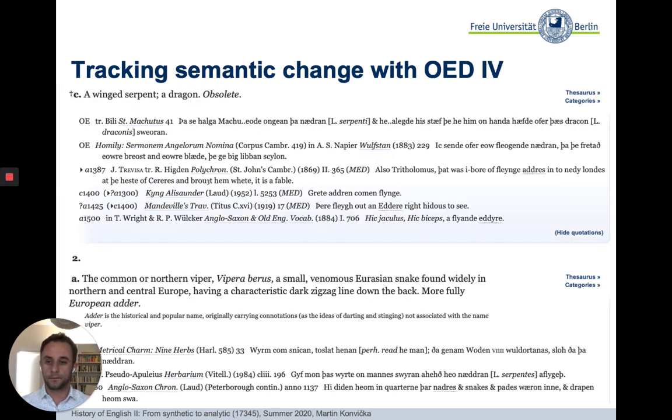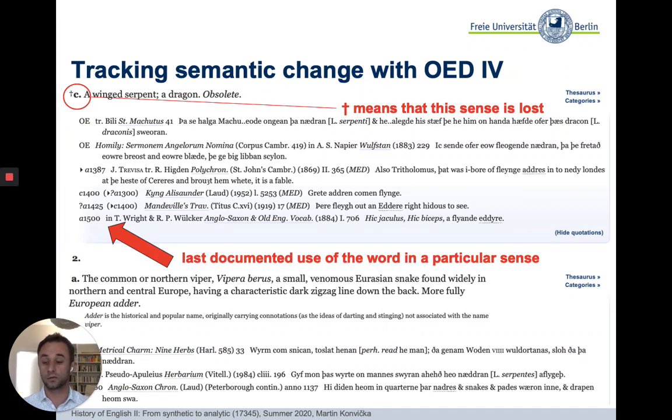Right. So again, then you see another sense of the word: winged serpent, dragon, again with the remark that it is nowadays obsolete. Sorry, before we come to the second sense, you also have this timeline. The usage examples of the different senses are actually listed chronologically.